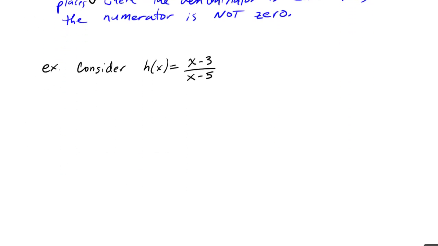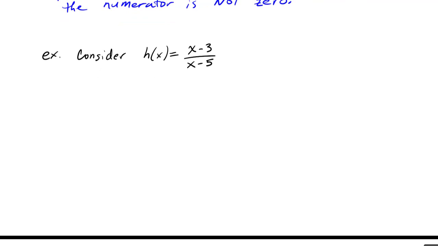So let's look at this example right here. Just this small example. We'll get to some more later. So if we have h of x is x minus 3 over x minus 5. Okay, so we have a fractional expression. It happens to be a rational expression, polynomial over polynomial. And so what we'd be doing is looking at the numerator and looking at the denominator. Let's start with the denominator.